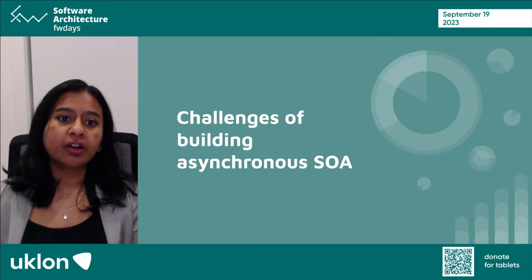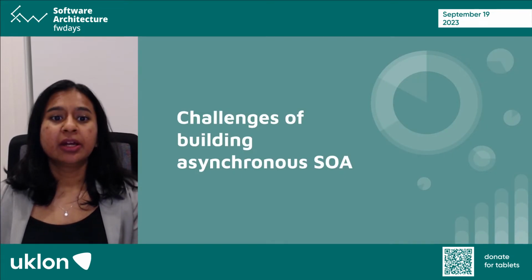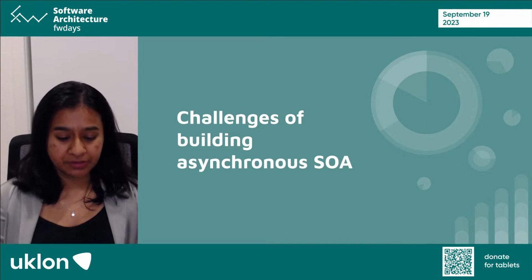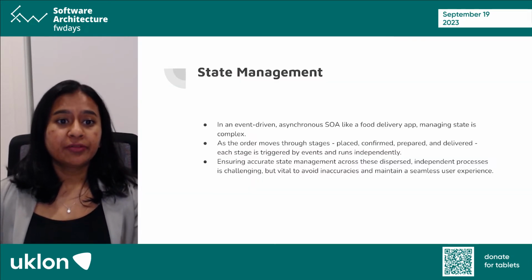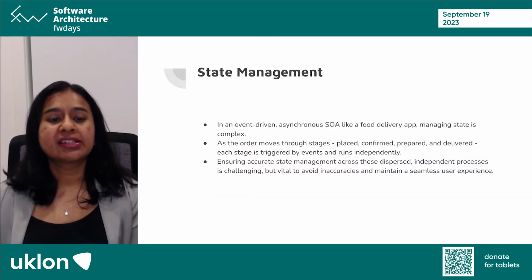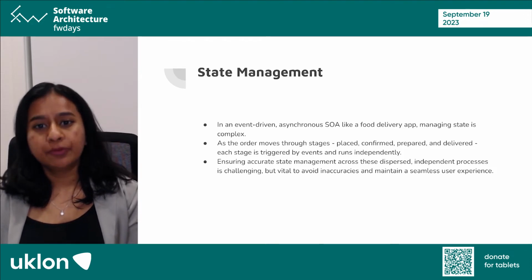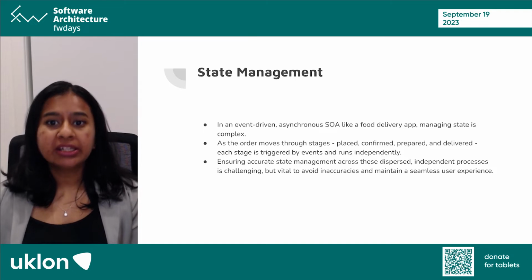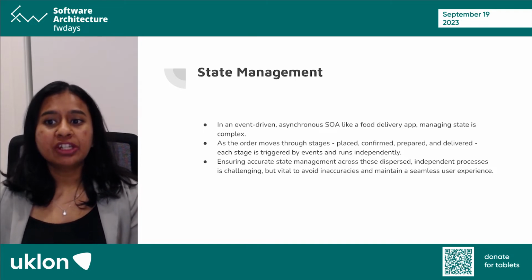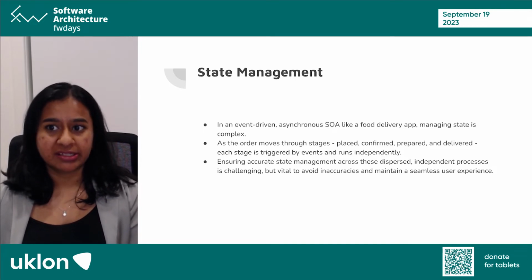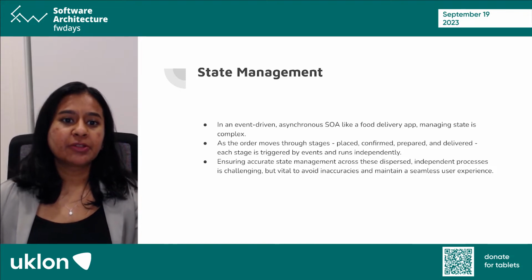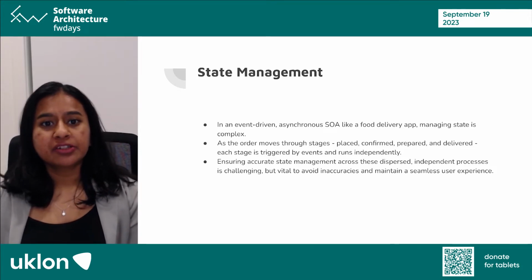Now let's talk about the challenges posed by building asynchronous systems. The first significant hurdle is state management. In an event-driven architecture, like our food delivery example, maintaining and managing the state of each process can be a very complex task. Look at what happens when you place an order. It triggers various stages.